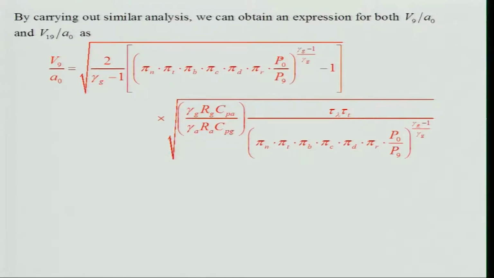If it is choked, then it will be a different value, that will be P c by P 9, and if it is not choked, then P naught is equal to P 9, that means P naught by P 9 will be 1, right.